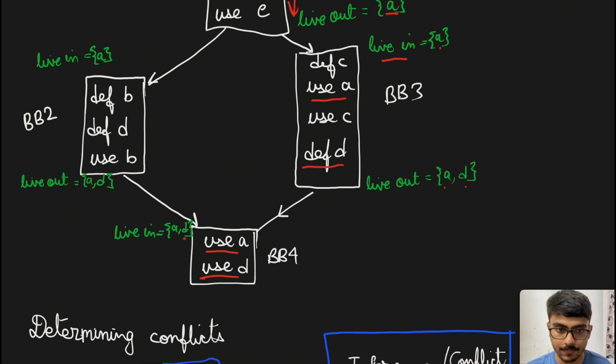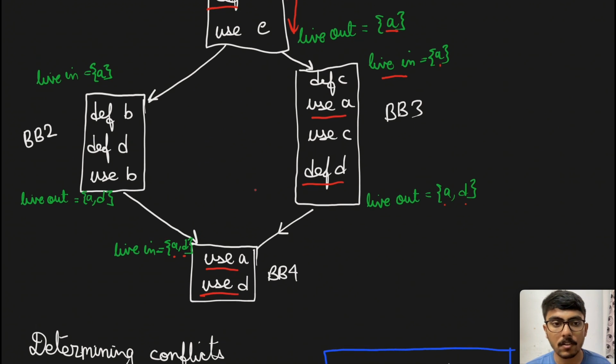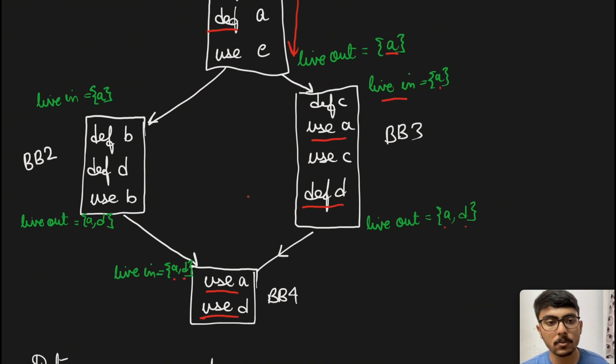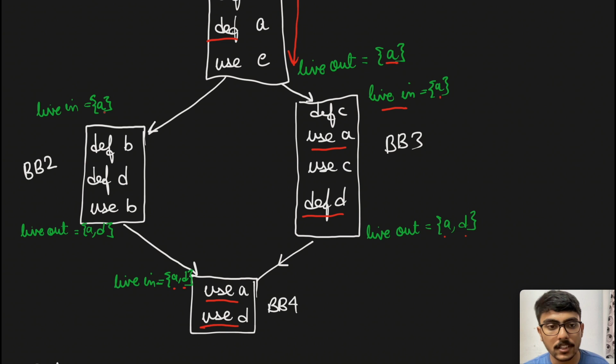Similarly we will have live in A and D, right? And one interesting thing you can say is, even though A is not used in basic block 2, it will still be passed as live in this part, and then it will go as live out in this part. Although it is not used here, we will follow this because we need to use A in basic block 4, which is a connection of basic block 2.